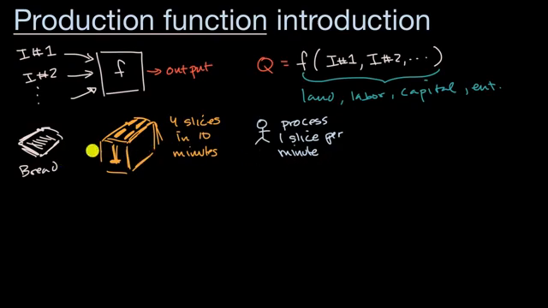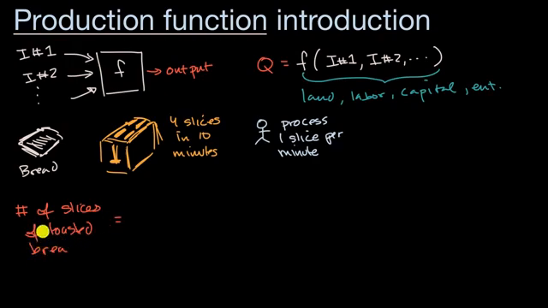Now, based on this, if these are really all of the 3 inputs into producing the output, toasted pieces of bread, we could try to construct a production function here. So let's do that. Let's say the output is going to be the number of slices of toasted bread.